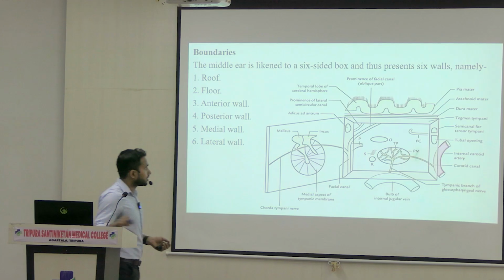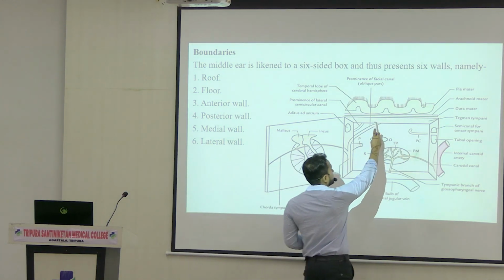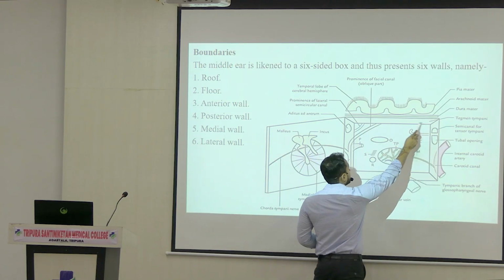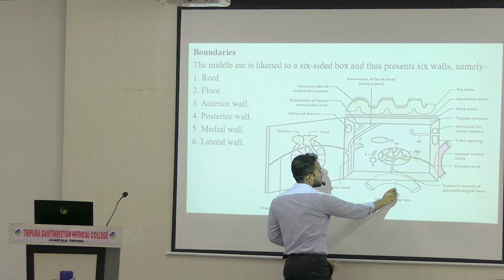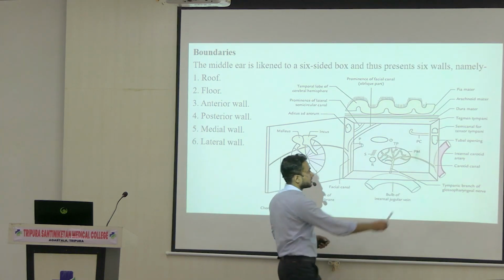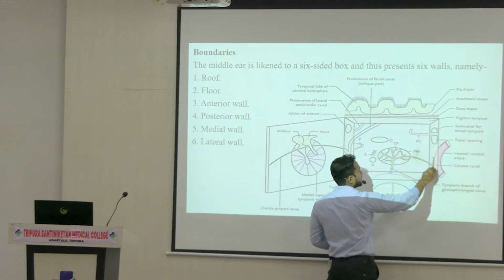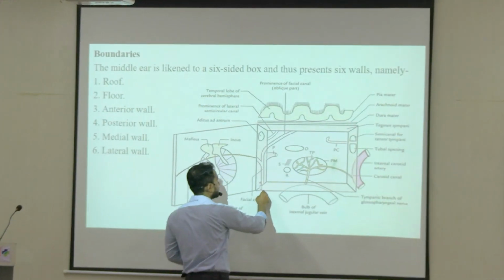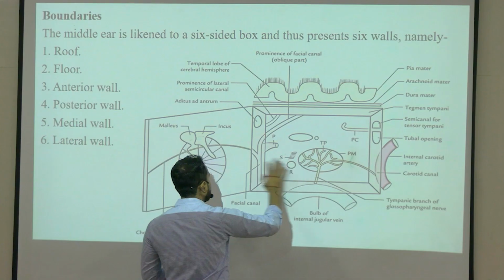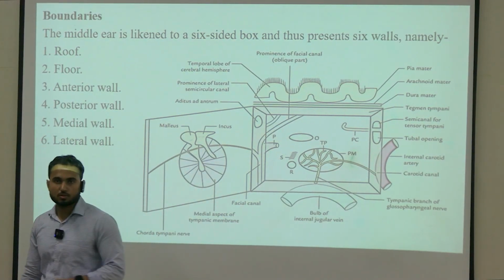In the roof, some important features are there. In the floor also, some structures are present. On the anterior wall also, some features are there, same in the posterior wall, and most of the features are present in the medial wall, and then on the lateral wall also.